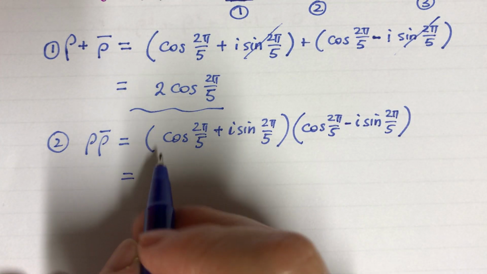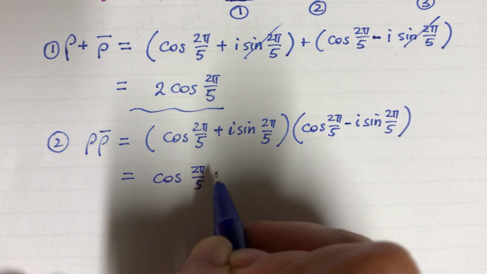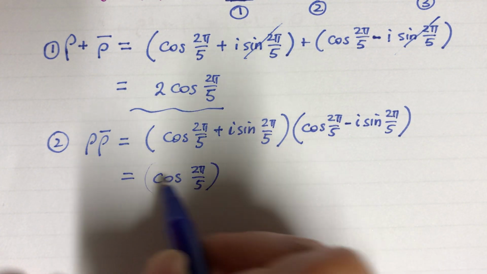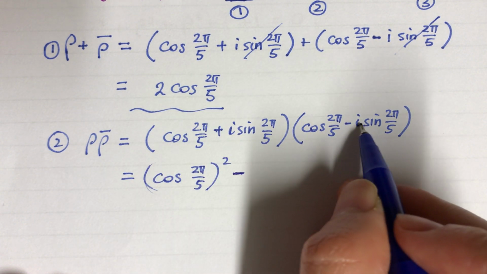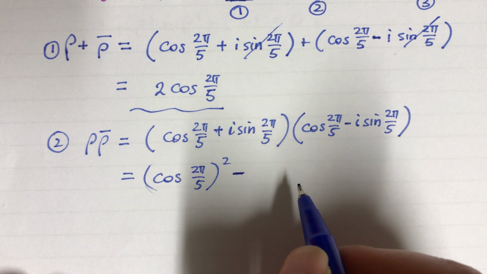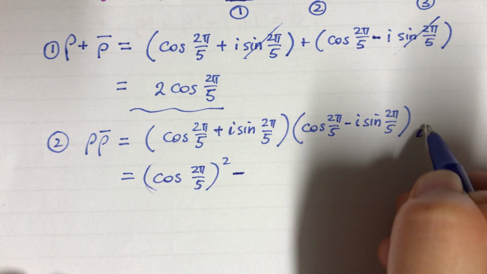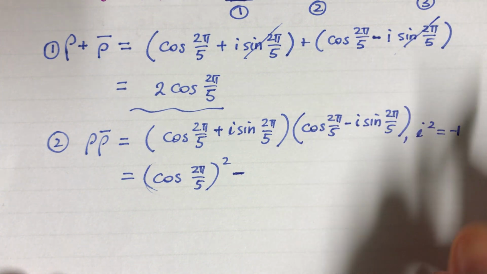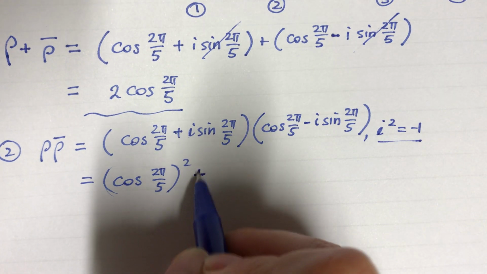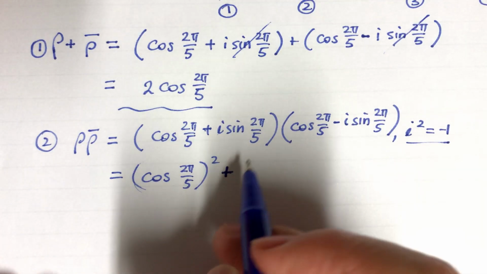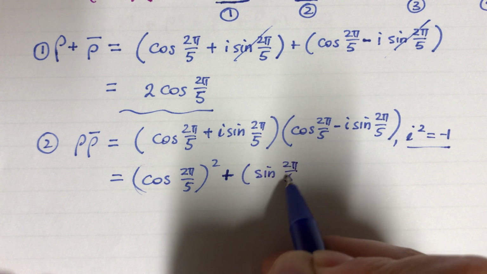So I'll get cos squared minus, but because i times i becomes plus, since i squared equals minus 1, this becomes plus sine squared 2 pi over 5.